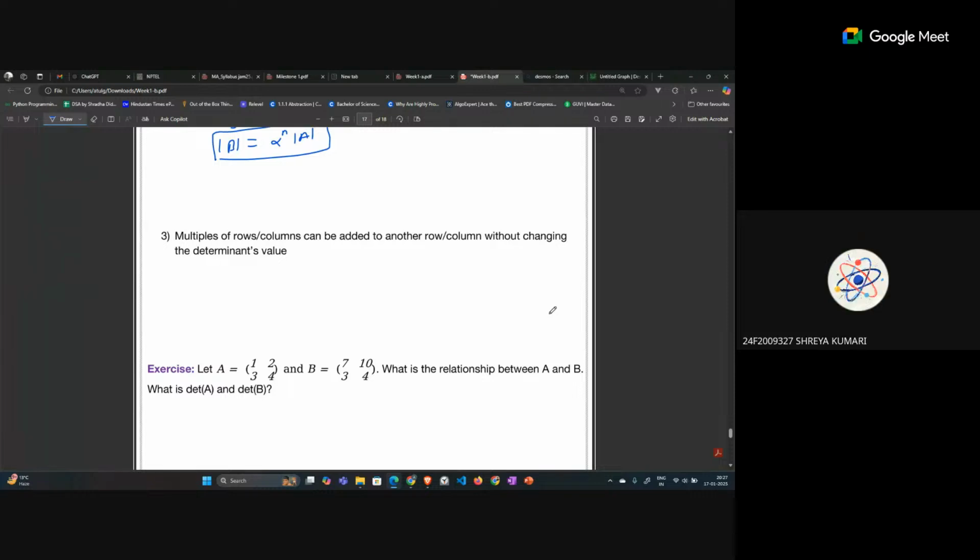Okay, sir. Sir, how can we multiply two rows? Maybe we can scale a row, right? Or maybe corresponding entries, like A, B, C, D. So you are basically multiplying these two.